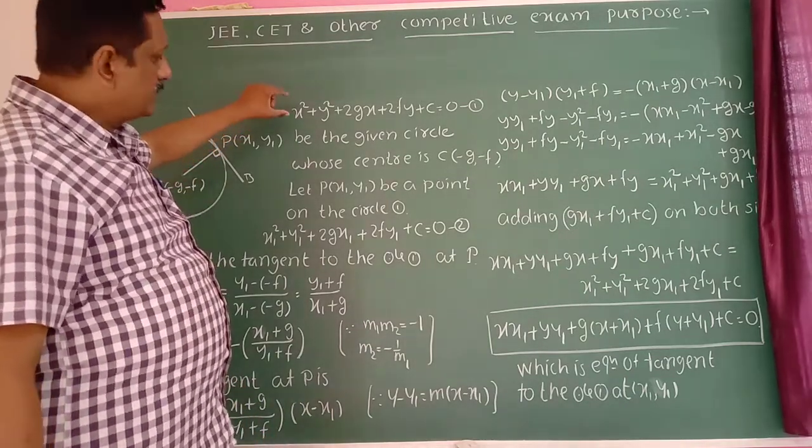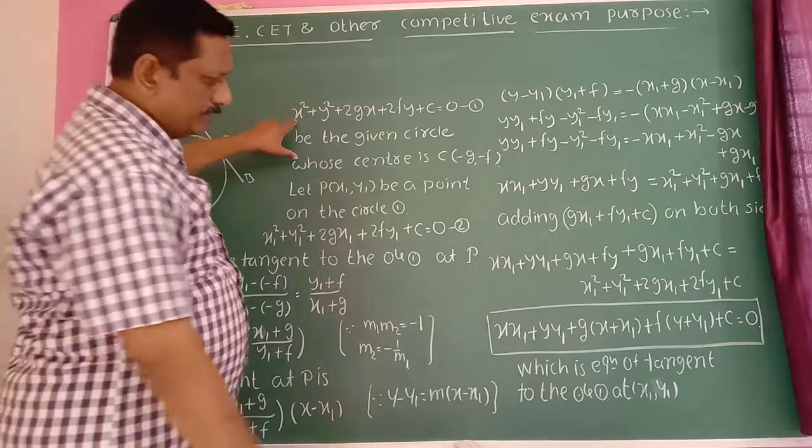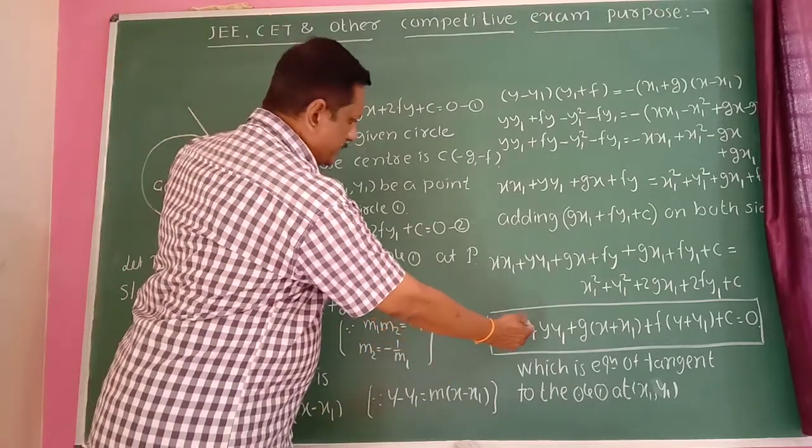In this equation of circle, just replace x square by x1 and replace y square by y1.